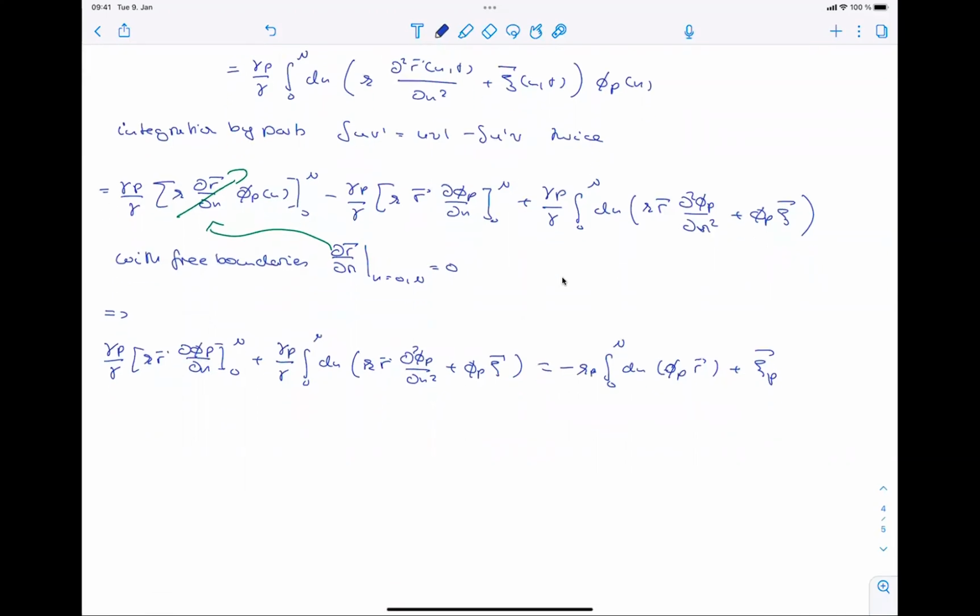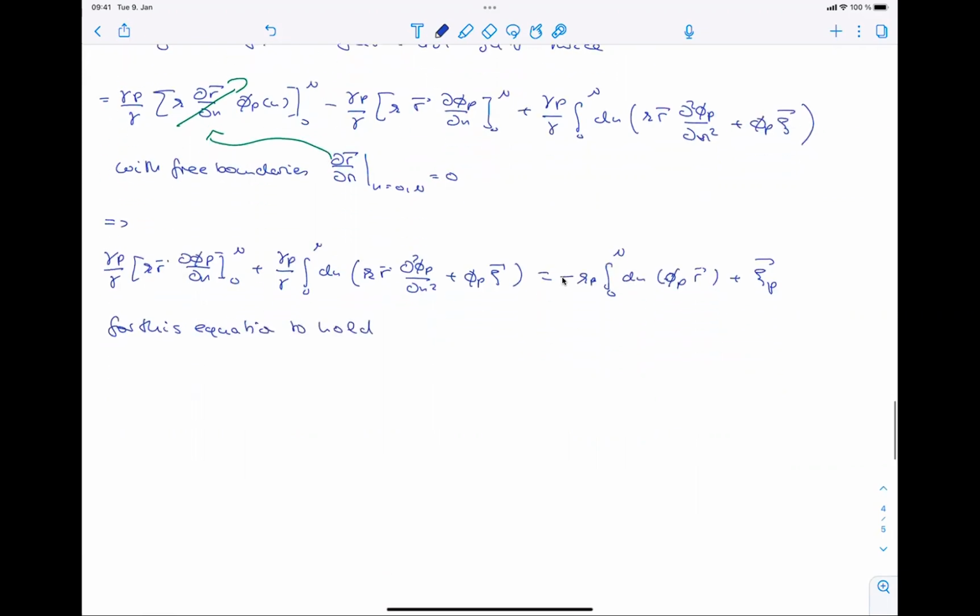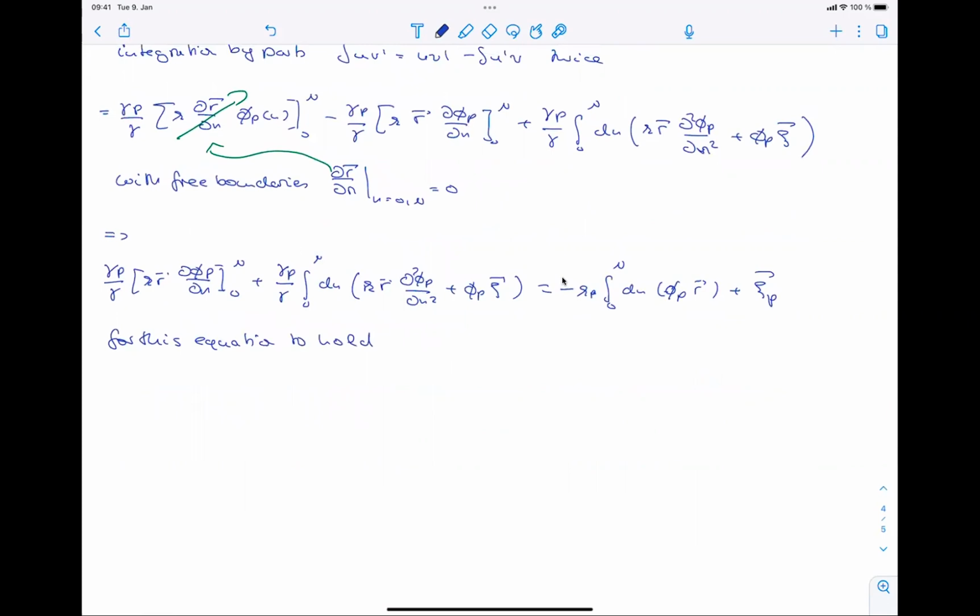And now, for this equation to hold, we have to have this term equivalent to that term, and this here to be equal to 0.